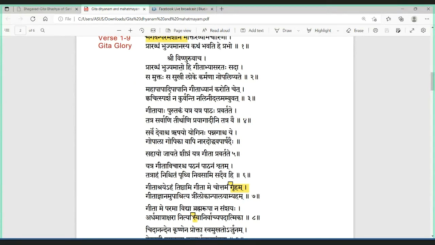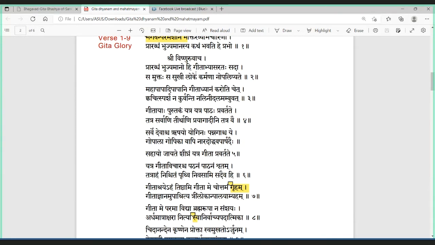Prarabdham bhujyamano hi Gita-bhyasarata sada samukta sasukhi loke karmananopalipyate. He says, whoever is Gita abhyasa rataha, this is the important word, one who practices the Gita and revels in it, enjoys it, sada, always.